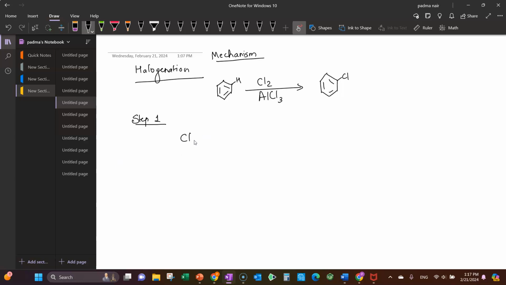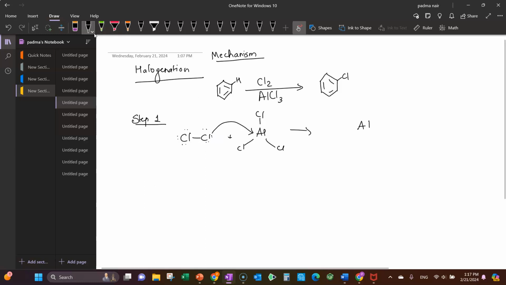Chlorine, which can be written like this, acts as the Lewis base and donates its pair of electrons to aluminum chloride, AlCl3. It's a Lewis acid base reaction where the chlorine reacts with AlCl3 to form a complex where there is a bond between this new chlorine that's coming from the Cl2 with the aluminum.